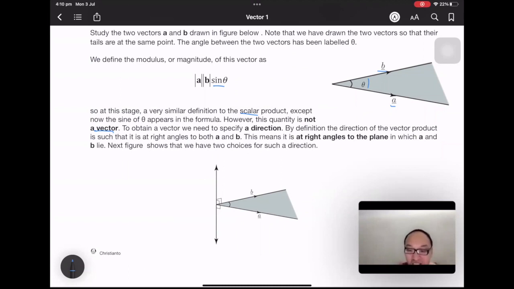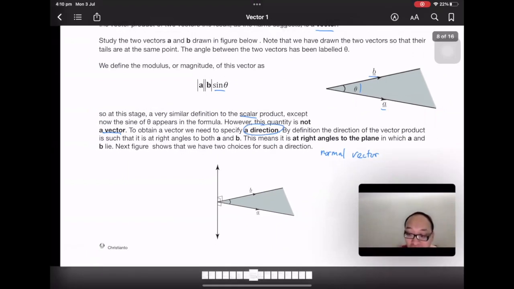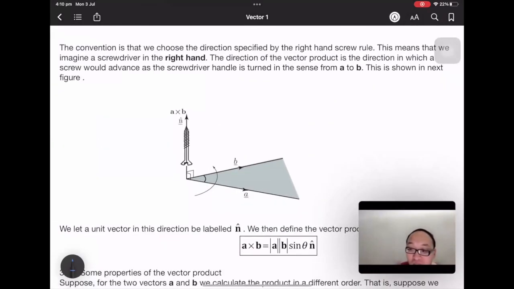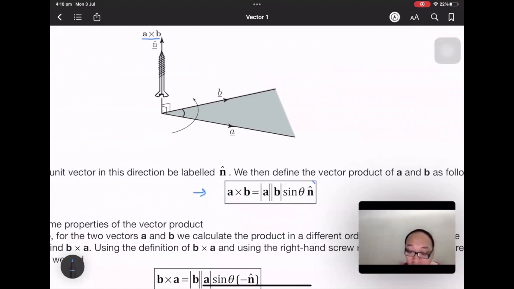In this case, we multiply it by a normal vector, because we need a direction for it to be a vector. So that's why, when we have A cross B, we need to multiply the definition by the normal vector n.